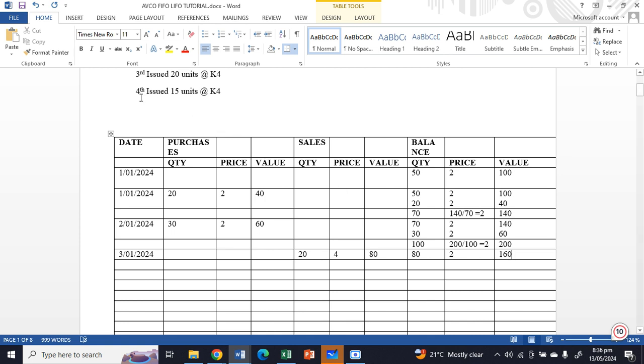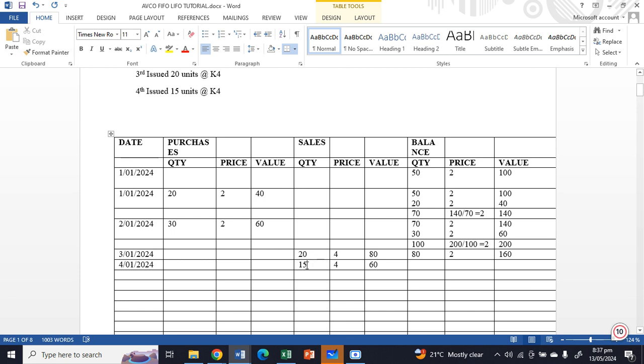If we go to the next transaction on the 4th, we sold 15 units at 4 kwacha per unit. 15 times 4, that is 60 kwacha. That's how much we earned.